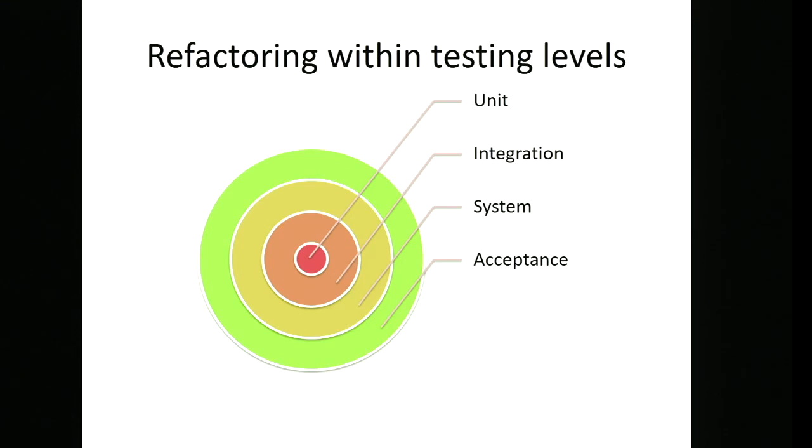So we might change the signature of a couple of functions, and we might have to change some other code to cope with that, and we will have to change some of the unit tests. But the integration tests should continue to work and should not have needed to be changed, because the larger bits of functionality that we test in the integration test should still work. So although we're not refactoring at the unit level there, we are maybe refactoring at the integration test level.